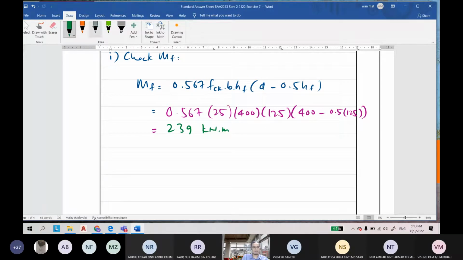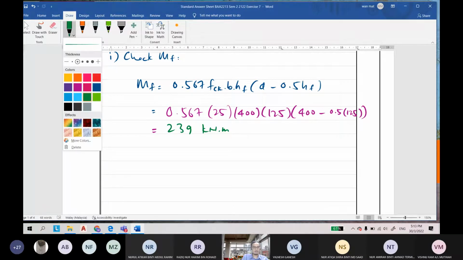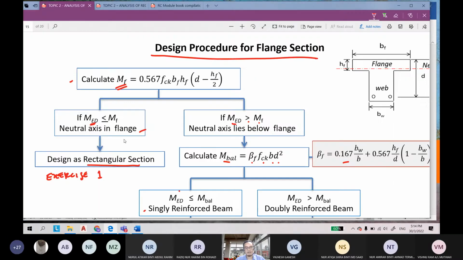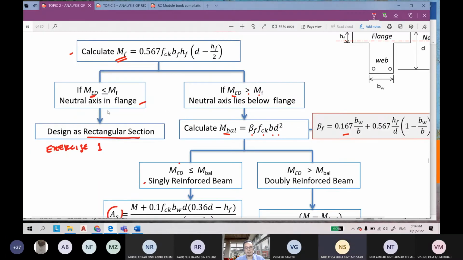Is this lesser or greater than MED? Lesser than MED. So where is the neutral axis, below or within the flange? It lies below the flange, because MED is greater.